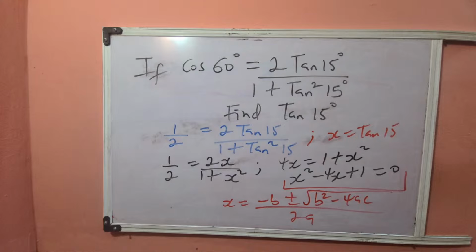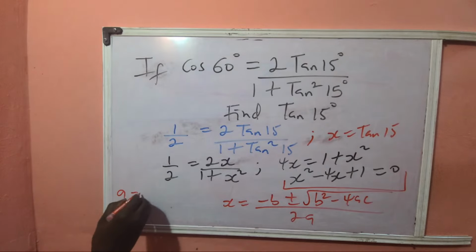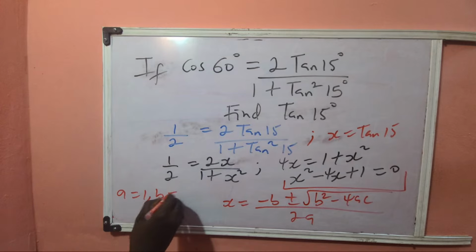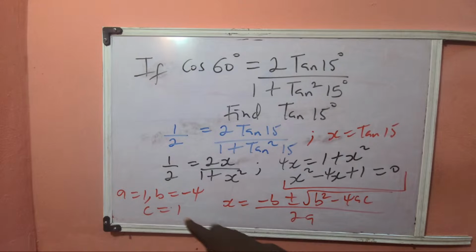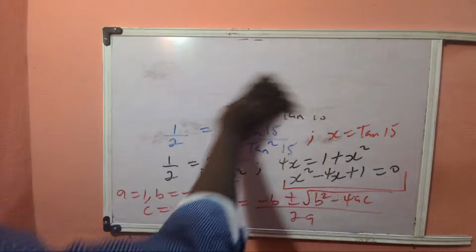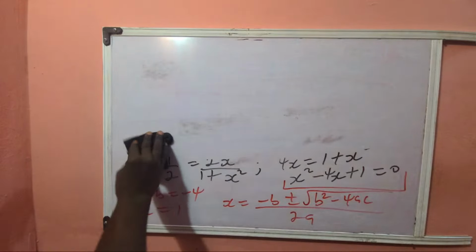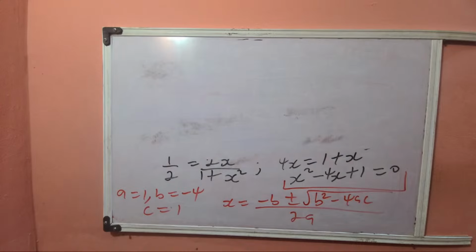For this question, your a will be 1, the coefficient of x squared, your b is minus 4, and your c equals 1. Replacing all this into this particular question, let's see what you are going to get. Can you go on to solve, and let's get our final answer. Don't forget, once we're able to get our value for x, that will be tan 15, which is what we're interested in. So all we need to find here is x.